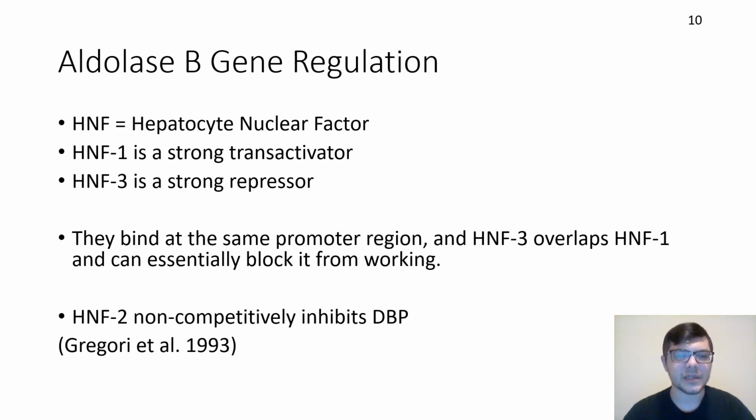Now here is some aldolase B gene regulation. There is a group of genes called HNFs, which are hepatocyte nuclear factors. So HNF1 is a strong transactivator, and HNF3 is a strong repressor. Now, what's funny about these two is they actually can bind at the same promoter region for the aldolase B gene, and HNF3 overlaps HNF1, so it can repress that from functioning as well.